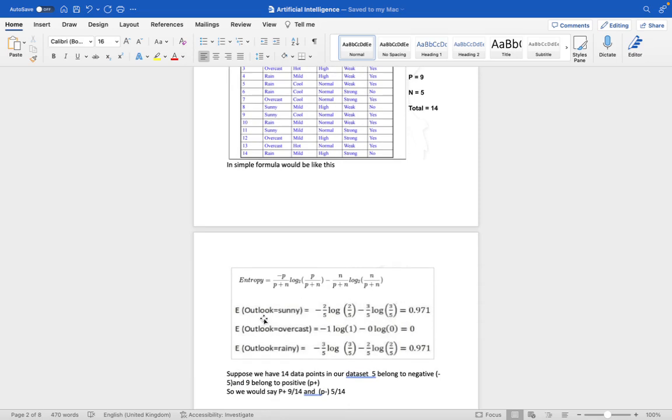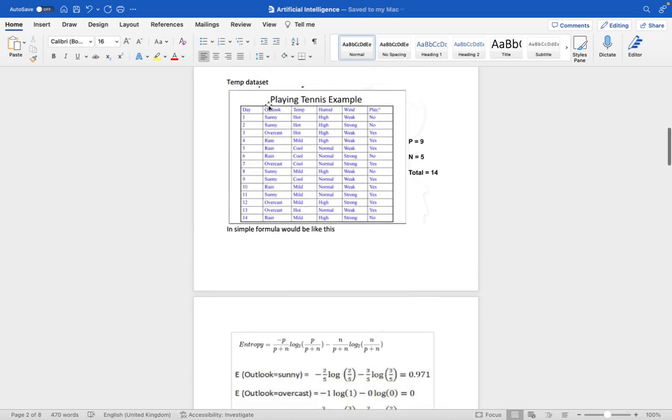So let's start with the sunny value in the outlook. If we count the sunnies, how many do we have? We have 5 sunnies in total. How many are negative and how many are positive? The first sunny is a no, the second is a no, and the third is a no, while the fourth is a yes and the fifth is a yes.